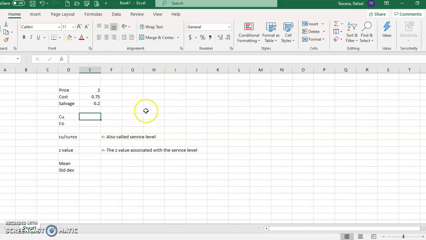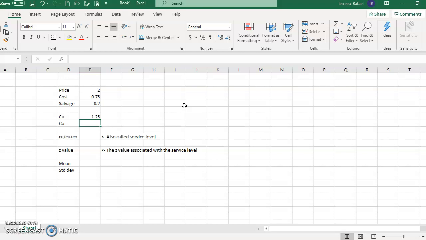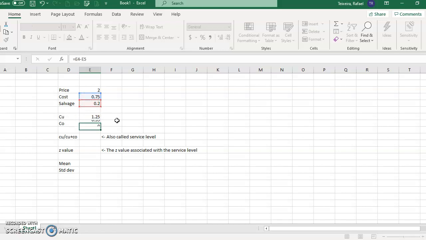So my cost of underestimate is my price minus my cost. That's my profit, the profit that I lose by not having newspapers to sell. And then my cost of overestimate is the difference between how much I pay minus the salvage value. So that's my loss.